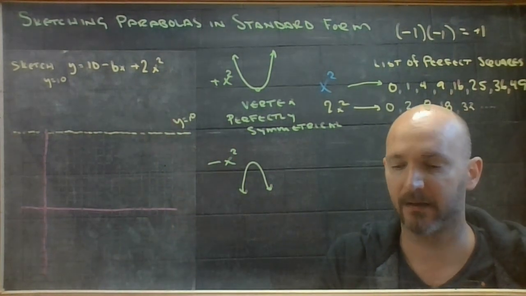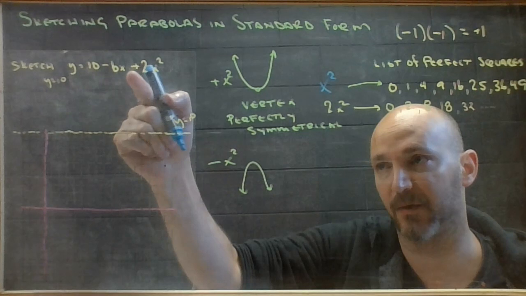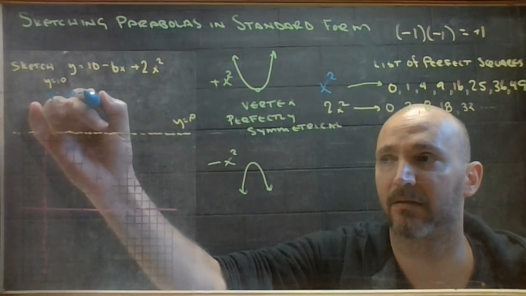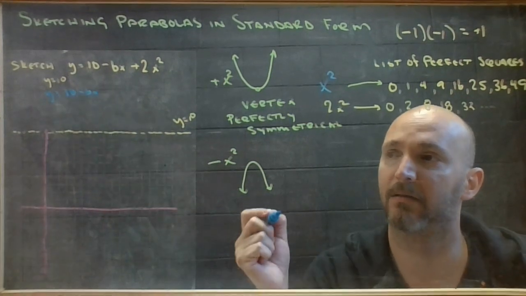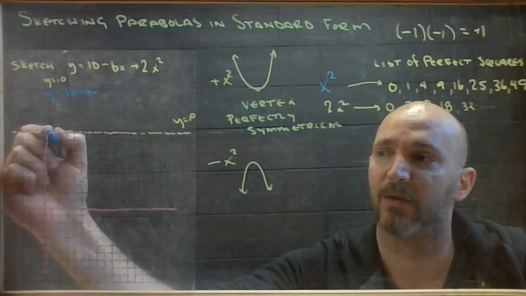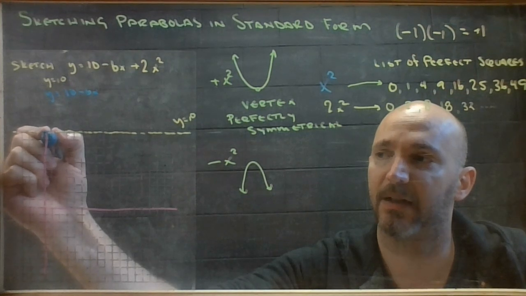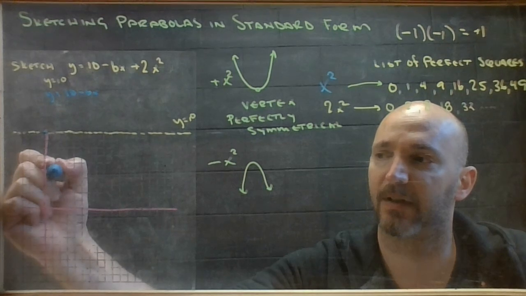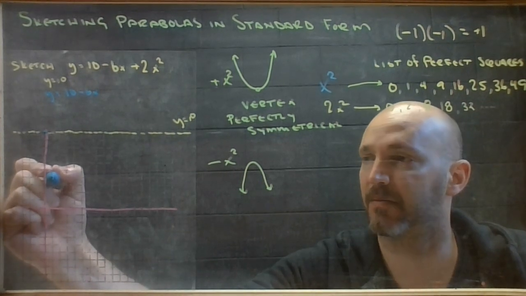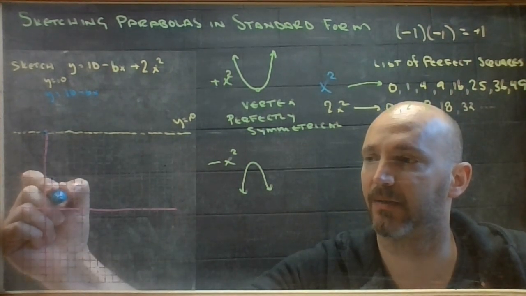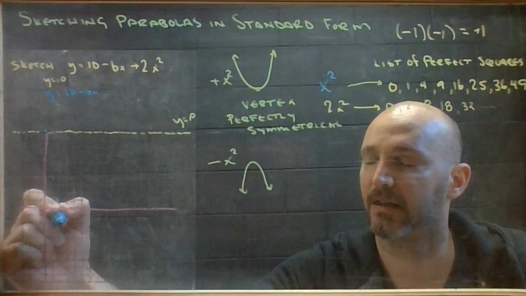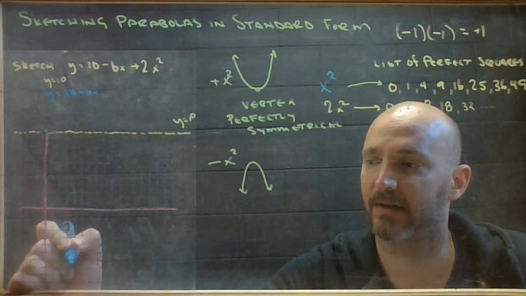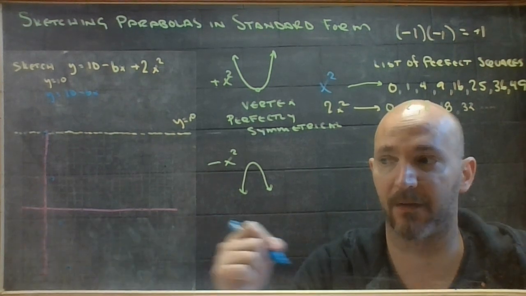And to that, I'm going to subtract 6 for every step in x. So no steps, I don't drop anywhere. One step, I drop 6. 1, 2, 3, 4, 5, 6. Next step, I drop another 6. 1, 2, 3, 4, 5, 6. Next step, I drop another 6. Then I'm off the grid.